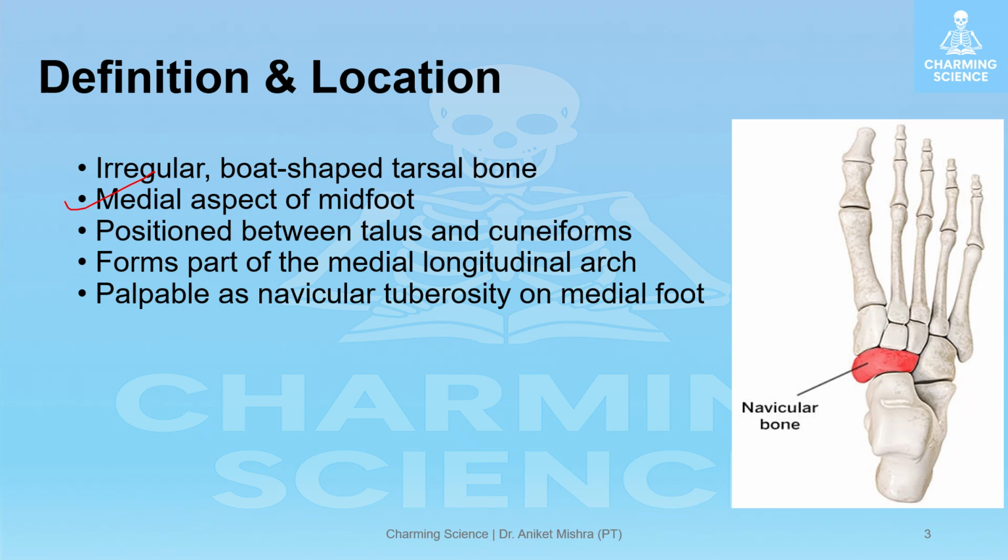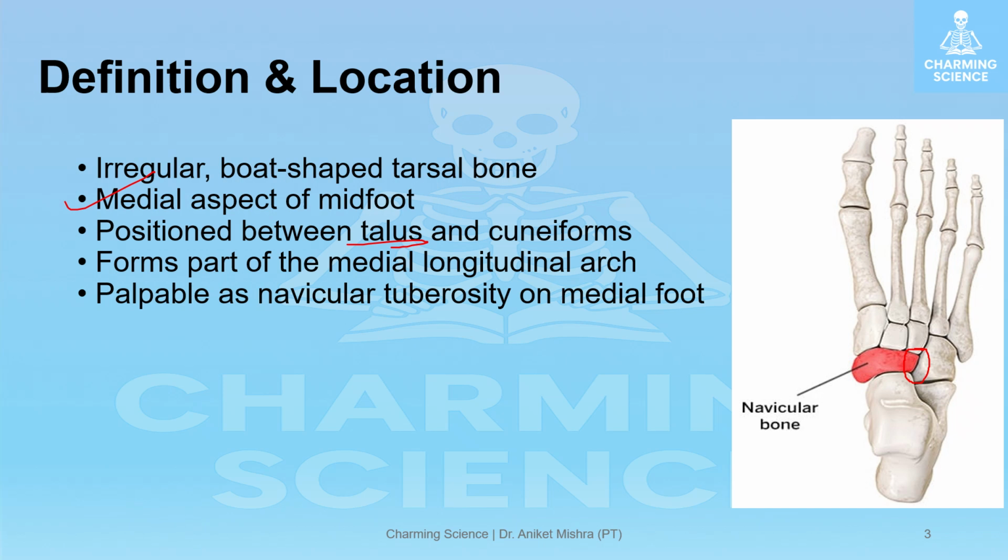Posteriorly, it articulates with the head of the talus, while anteriorly it articulates with the three cuneiform bones. In some cases, it also has a small articulation with the lateral side of the cuboid bone. Here is the structure where these form the joints.